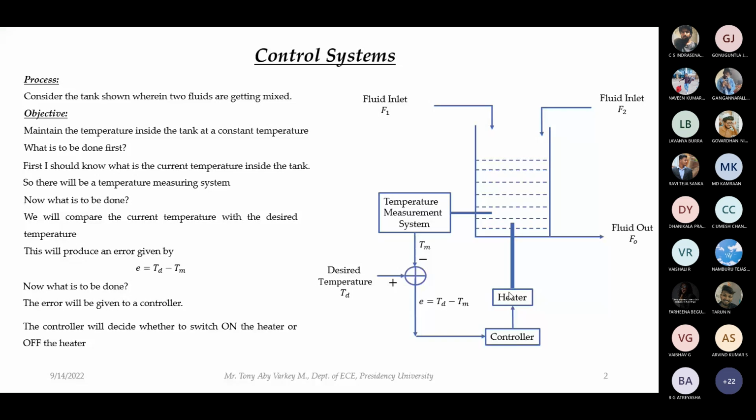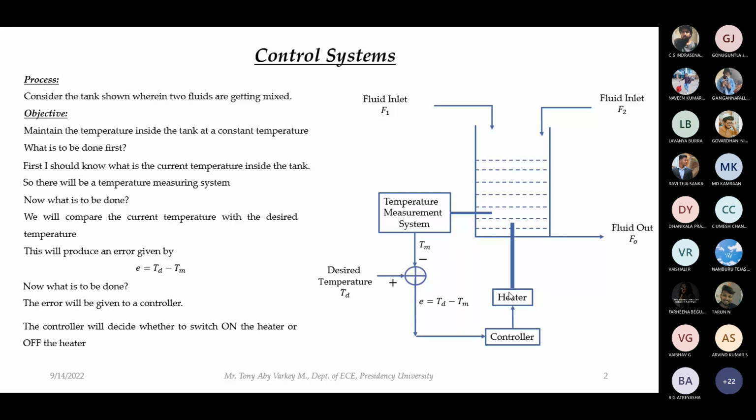Geyser is a water heater only, no? Iron box. Iron box uses this principle. This iron box was the first thing to use this principle, that is on-off. Once it reaches that particular temperature, it will switch off. You might be seeing the light is on and off.